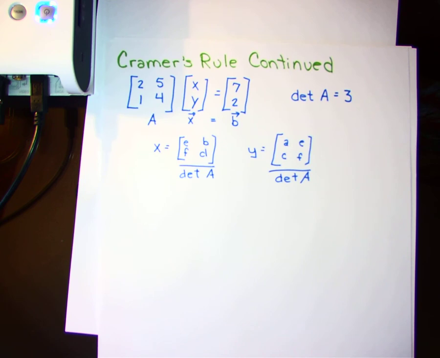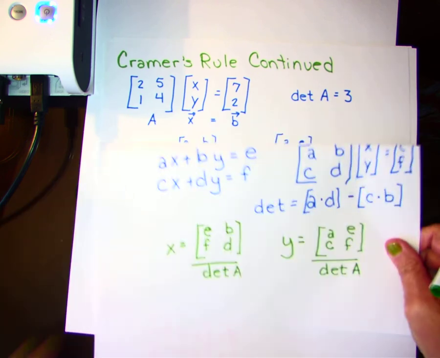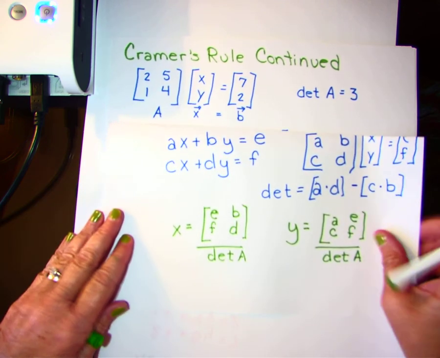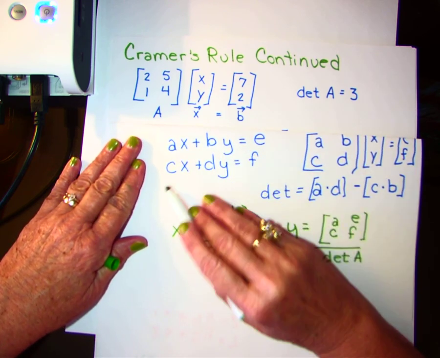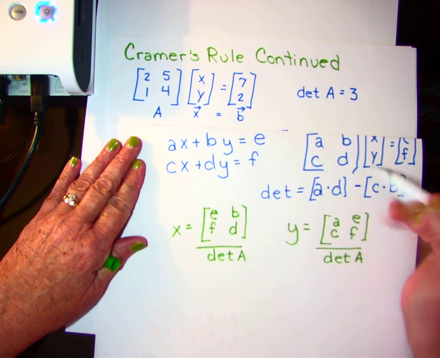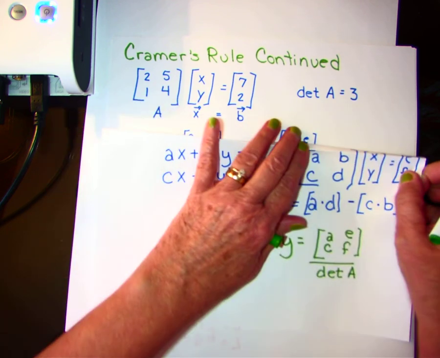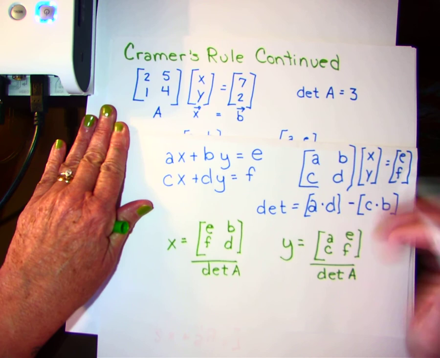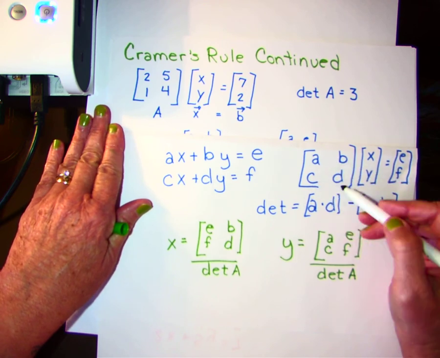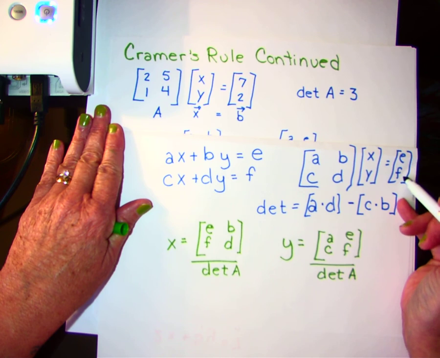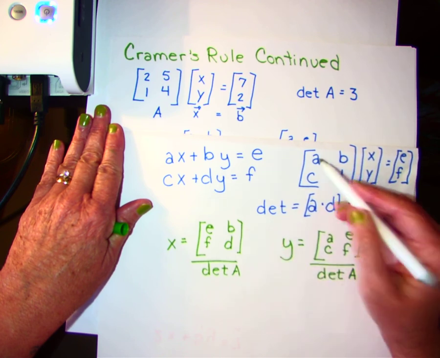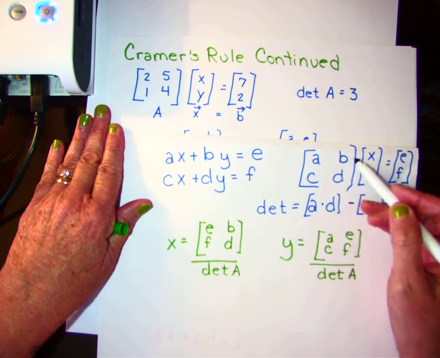Recall that Cramer's rule assumes some things, and the first is that this is our equation: ax plus by equals e, and cx plus dy equals f. So really what we've got here is matrix A, B, C, D, vector x y equals vector e f. The determinant was a times d minus c times b.